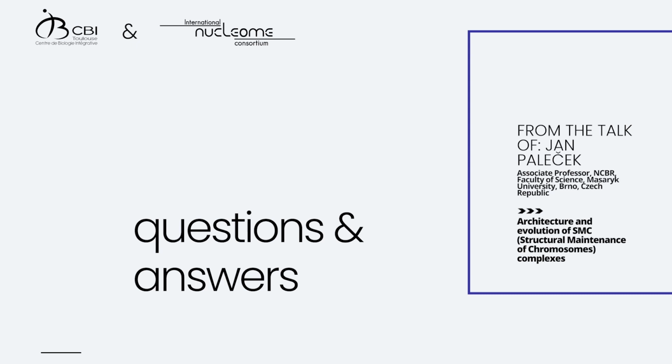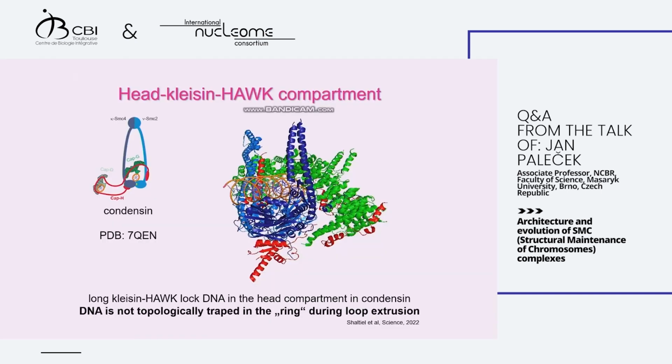For example, in this last Science paper, if you look here, you can find that the cohesin, probably entrapping the DNA inside the ring, can really keep the DNA under these conditions, while for loop extrusion, these conditions are too harsh.